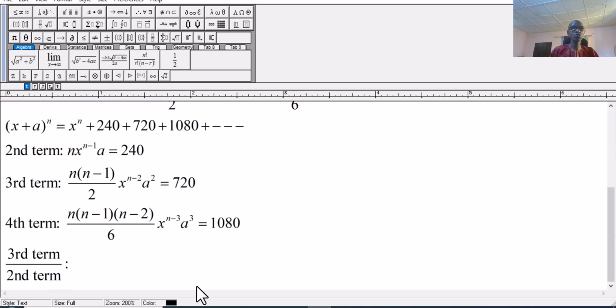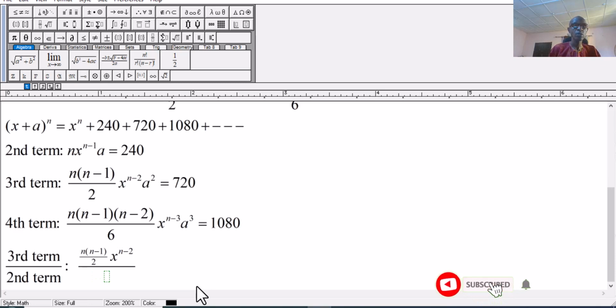So what I want to do now is, my second term is n x^(n-1) a, and my third term is n(n-1) over 2 times x^(n-2) a squared.